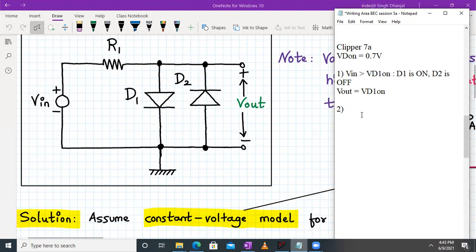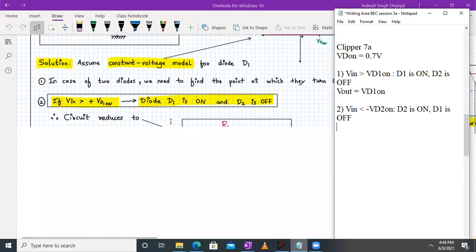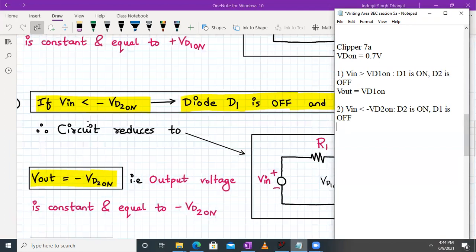We have seen that in the last session. So whenever Vin is less than minus VD2 on, then only we can say that diode D2 is on. Whenever diode D2 is on, D1 will be off.